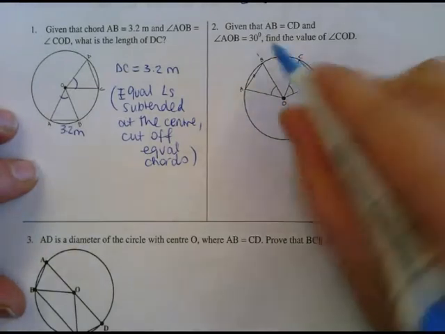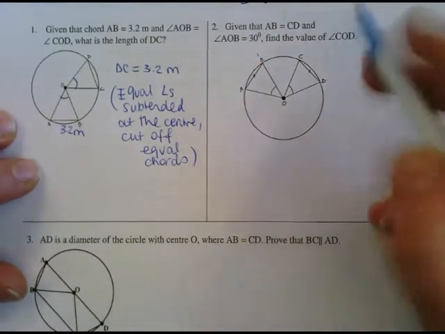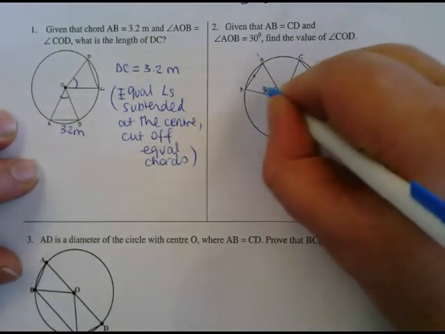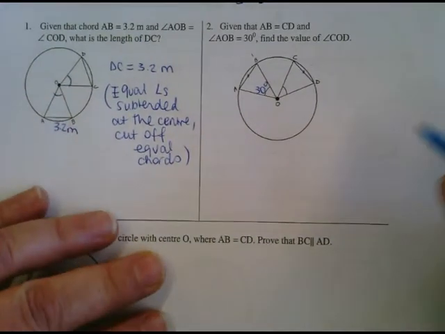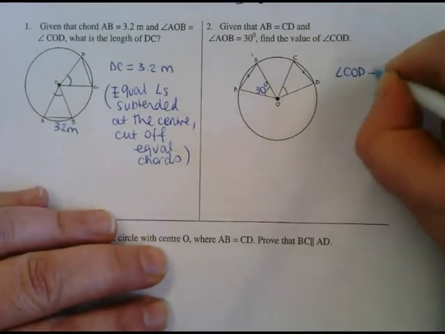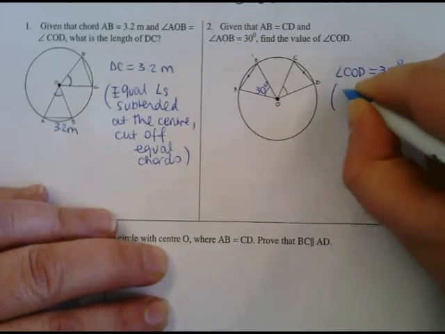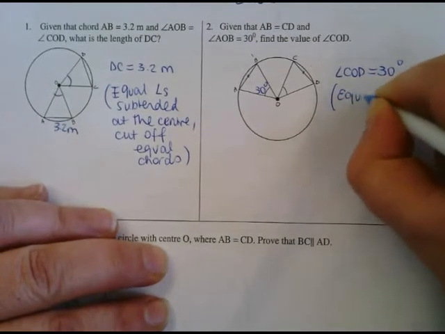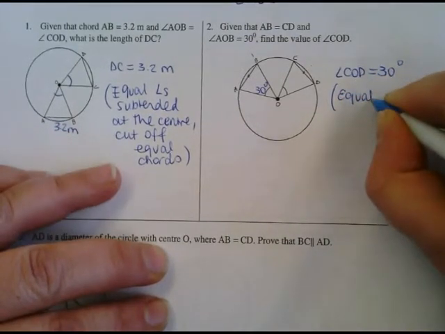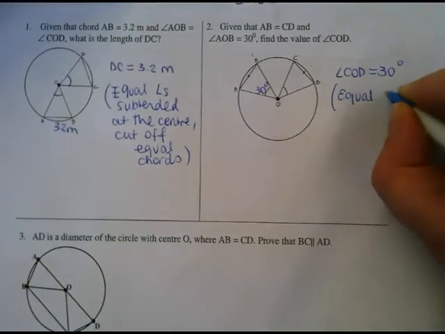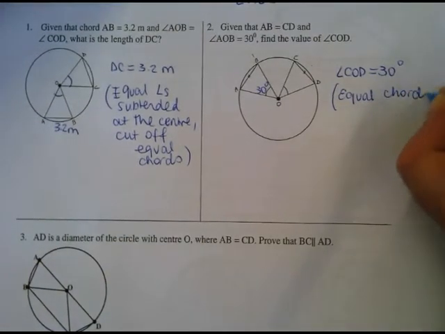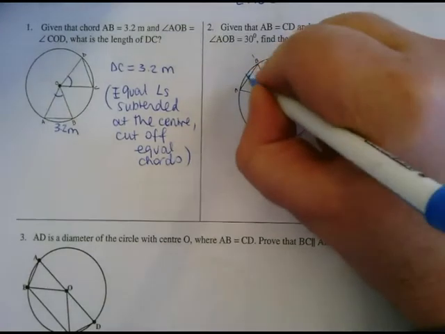This one, given that AB equals CD and angle AOB is 30, find the value of angle COD. So angle COD is 30. Reason? Equal chords. So we've got the equal chords this time.